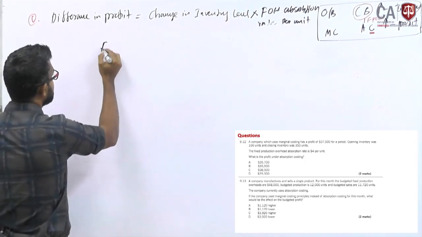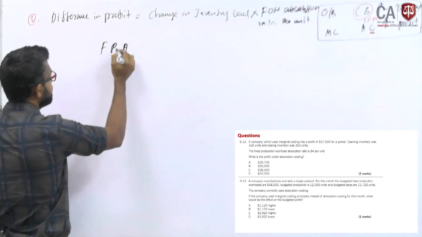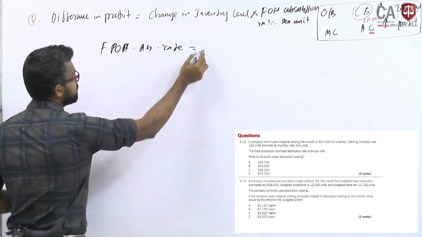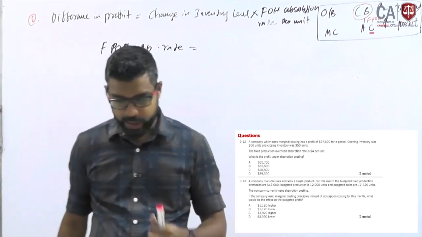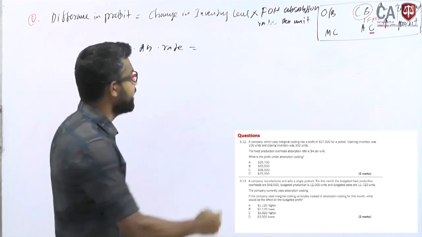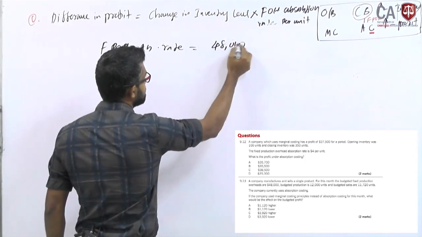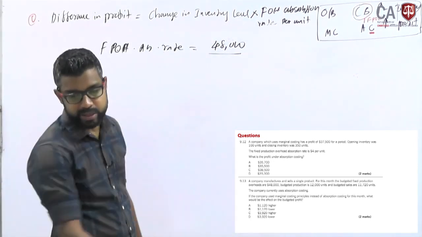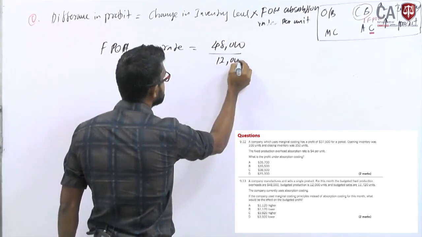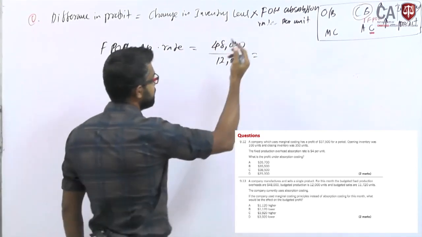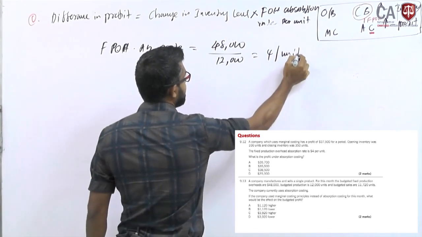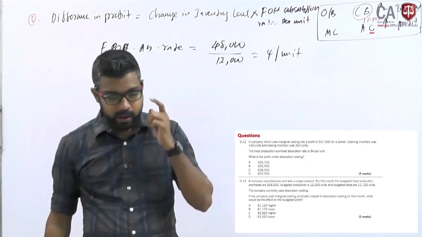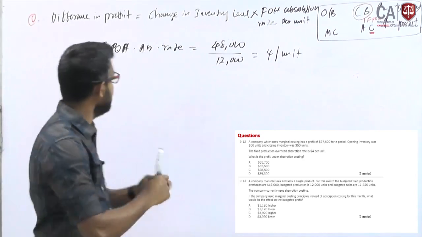How do you calculate the fixed production overhead absorption rate? Total fixed production cost 48,000. The activity level is the budgeted production, 12,000. 48,000 divided by 12,000 is 4 per unit. This is the absorption rate per unit. Now we have to figure out the change in activity level.